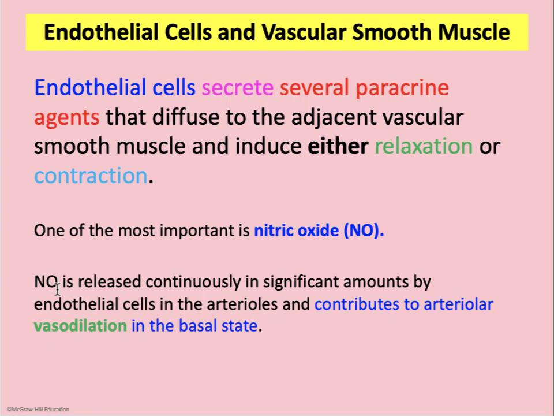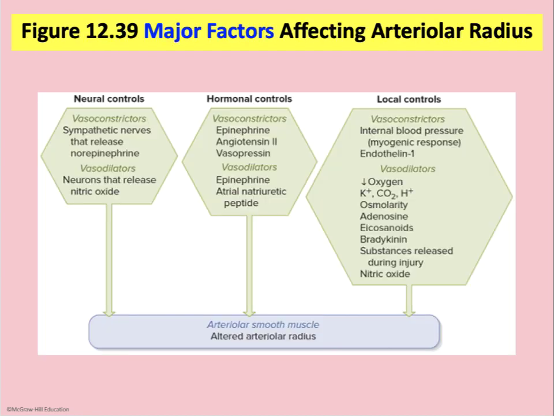So once nitric oxide is produced, it can cause the increase in blood flow to that particular organ. This is how Viagra works in erectile dysfunction. Amazingly, many factors are being discovered or are already known that can have a localized effect on arterial radii, in addition to neural and hormonal controls.